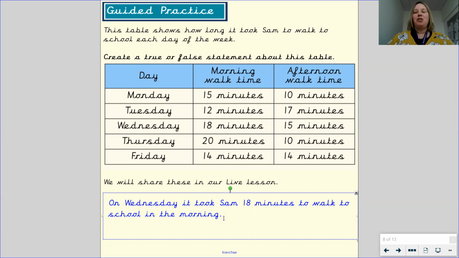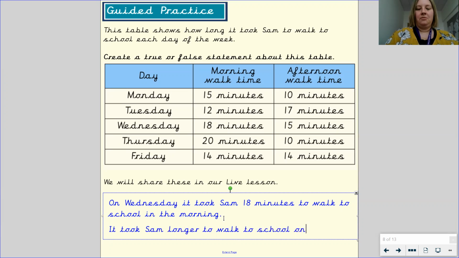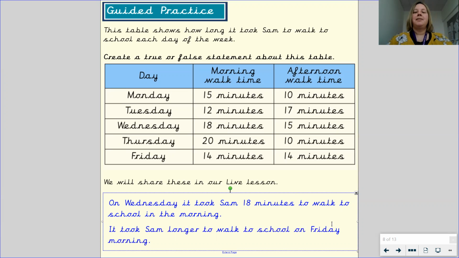It took him longer to walk to school on Friday morning.